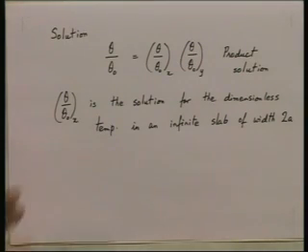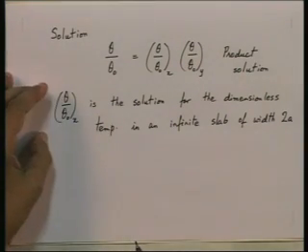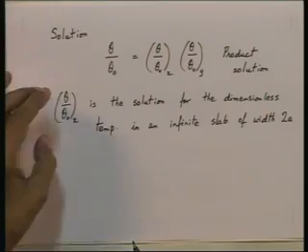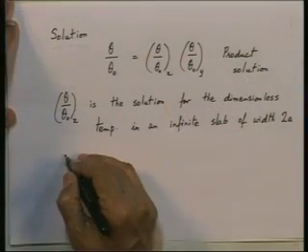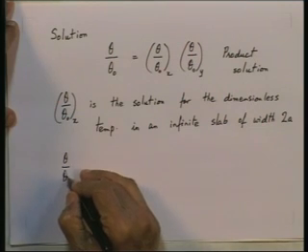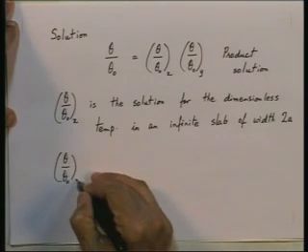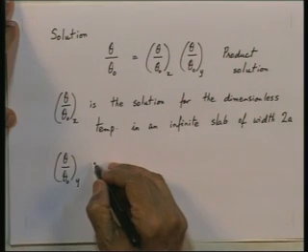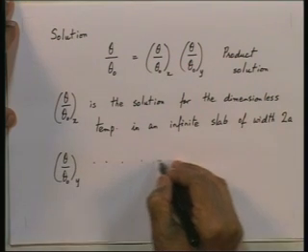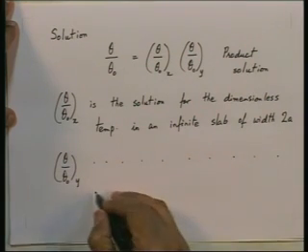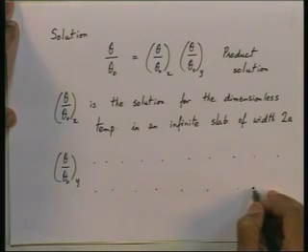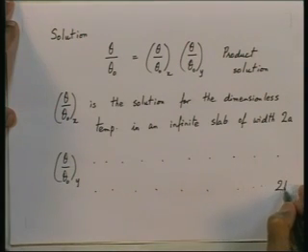That is what it is, which we already have with us. This solution we have from the infinite slab solution. And theta by theta 0 y is the same thing, the solution for the dimensionless temperature in an infinite slab of width 2b.